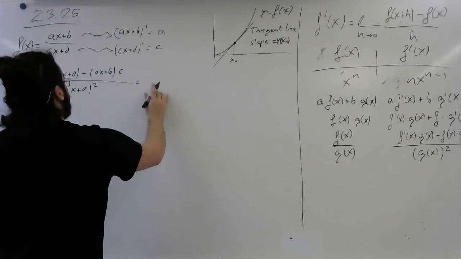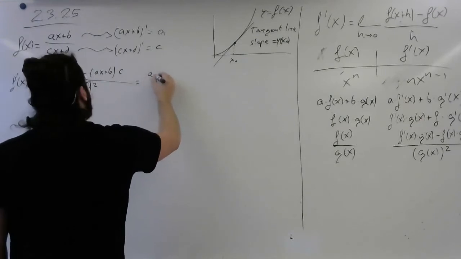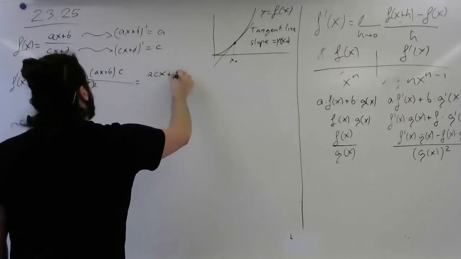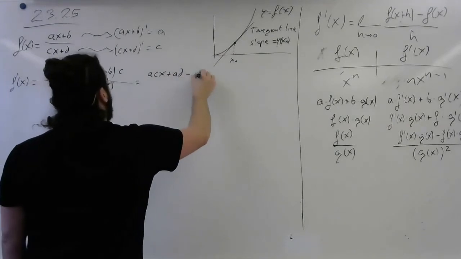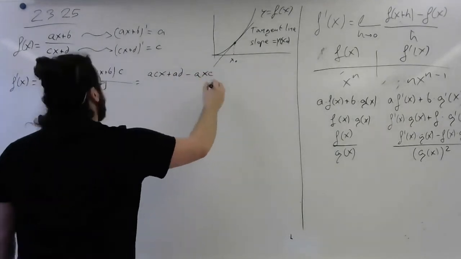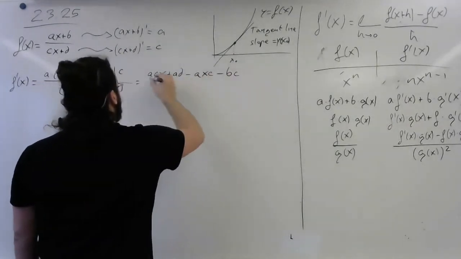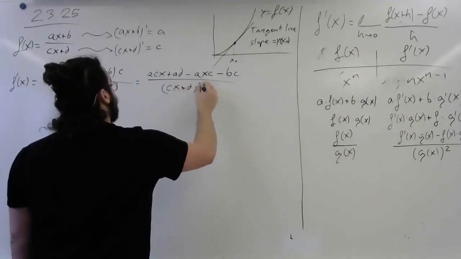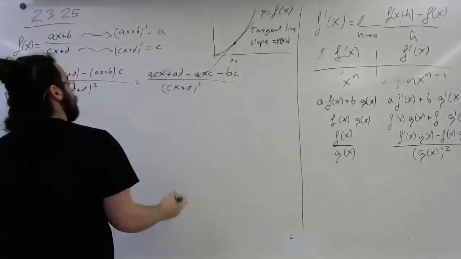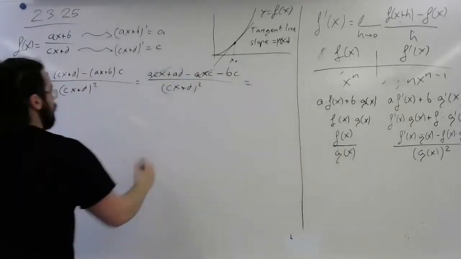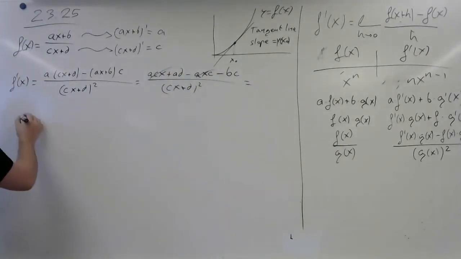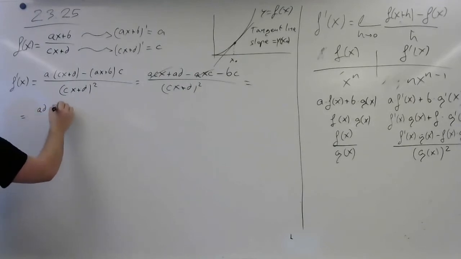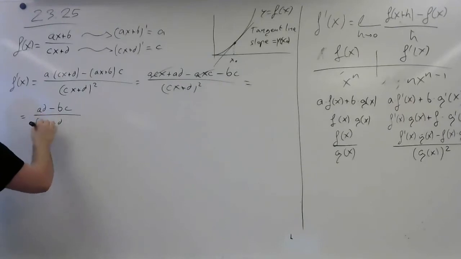Now, let's see what this offers. This is ACX plus AD minus AXC minus BC divided by this little monster over here. This cancels with this because A and C are numbers. And we have AD minus BC over CX plus D squared.